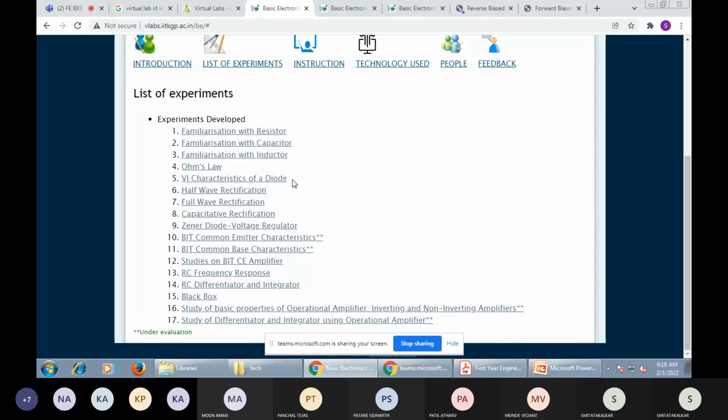Experiments number 1 to 5 we will perform. Experiments 1 to 4 are all theoretical. There is no simulation. But experiment number 5 is a simulation. You can save as a PDF file in a particular folder and upload to Google Classroom by next Thursday.